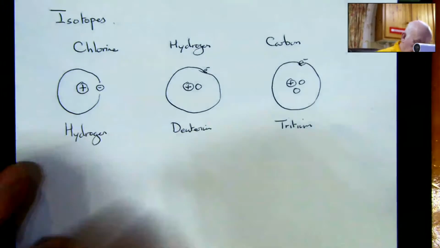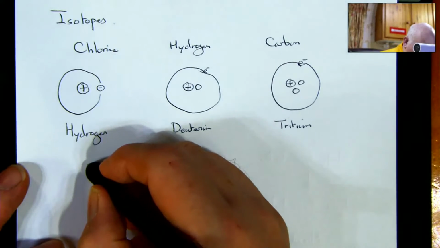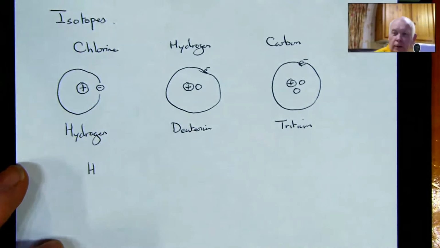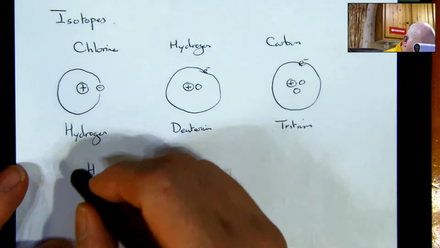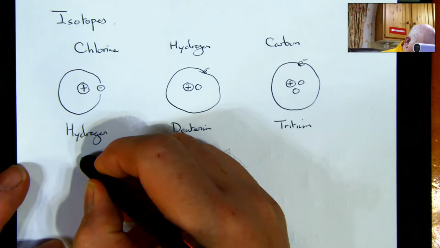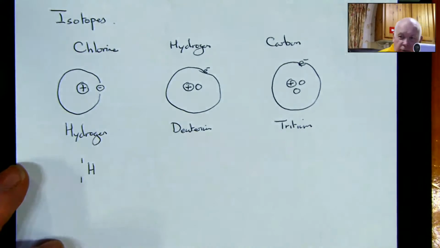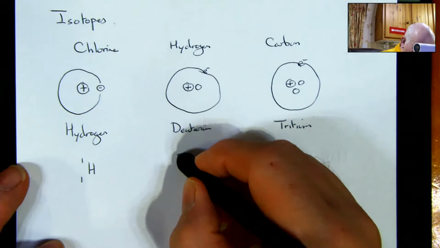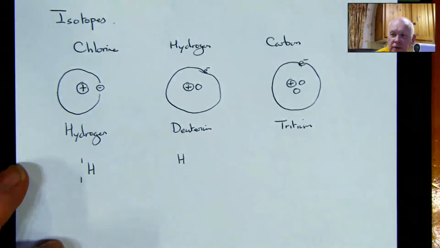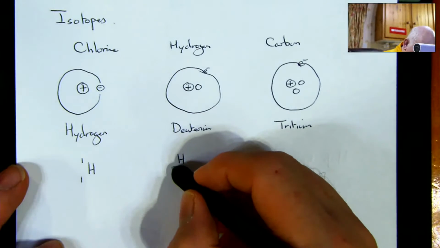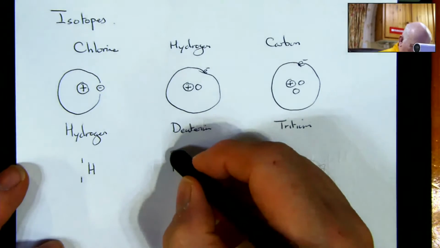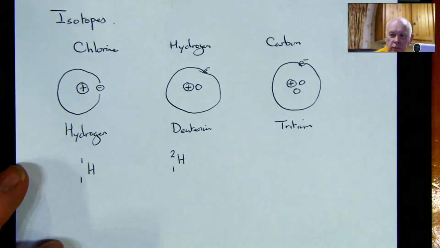Now this diagram's not very good, is it? Let's see if we can see how we could write it out easier. We write the chemical symbol hydrogen. It's got atomic mass of 1 and it's got 1 proton. That also tells us we've got 1 electron. Deuterium, same symbol for hydrogen. We've got 1 proton but 2 neutrons.